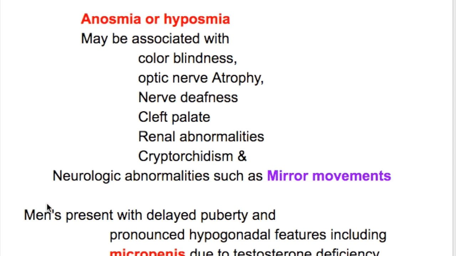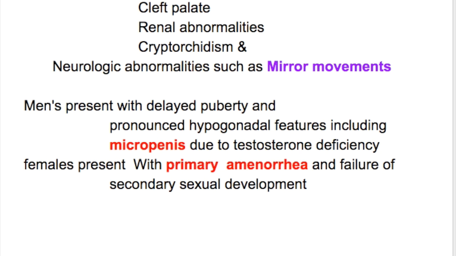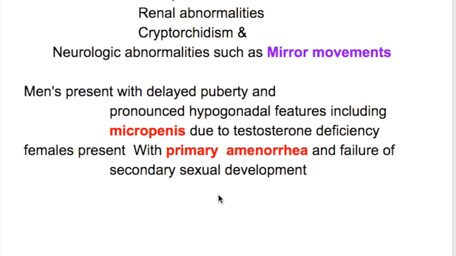So, what are the features? Men present with delayed puberty and pronounced hypogonadal features, including micropenis due to testosterone deficiency. Females present with primary amenorrhea and failure of secondary sexual characteristics.